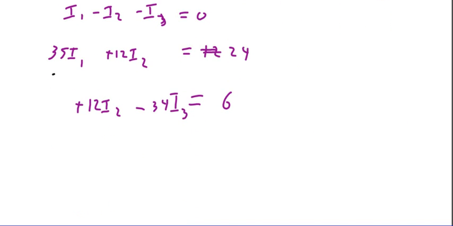In the worksheet in the book, I use Cramer's rule to solve those three equations, three unknowns. We're not going to do that. We're going to use our calculator. So I'll go second function, solve a system of equations. So I've got 1, minus 1, minus 1 is equal to 0.